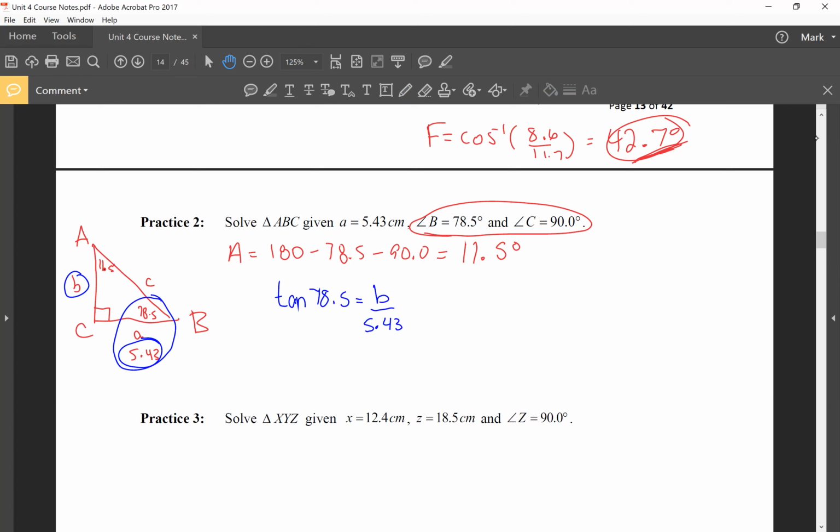I picked tangent because I knew the adjacent, but I'm looking for the opposite. So I'm going to solve for B. That would be tan 78.5 times 5.43.